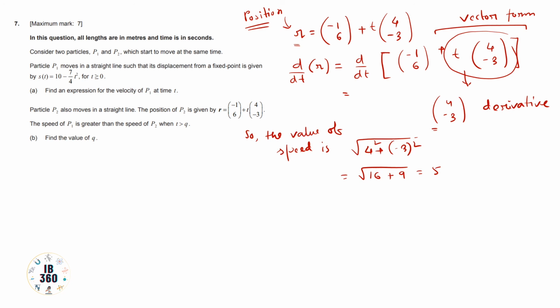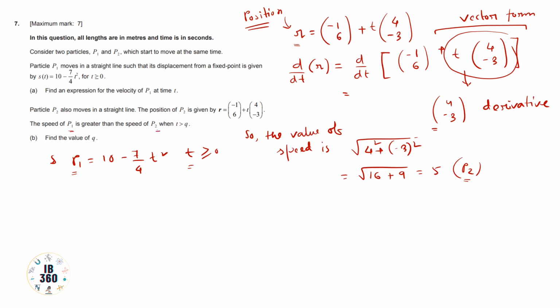So this is the speed of P2, and the speed of P1 is nothing but 10 minus 7 by 4 into t square, where t is greater than or equal to 0. Now P1 is here and P2 is here. In the question we have been asked P1 is greater than P2.